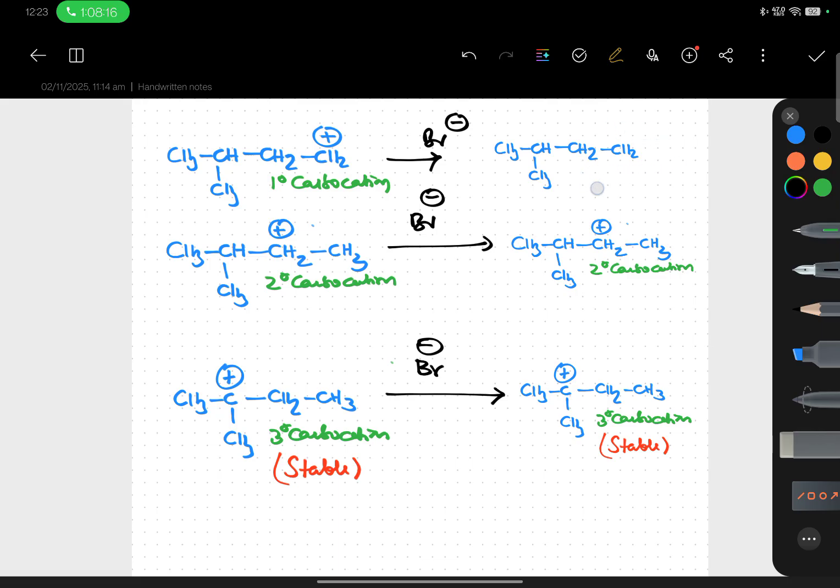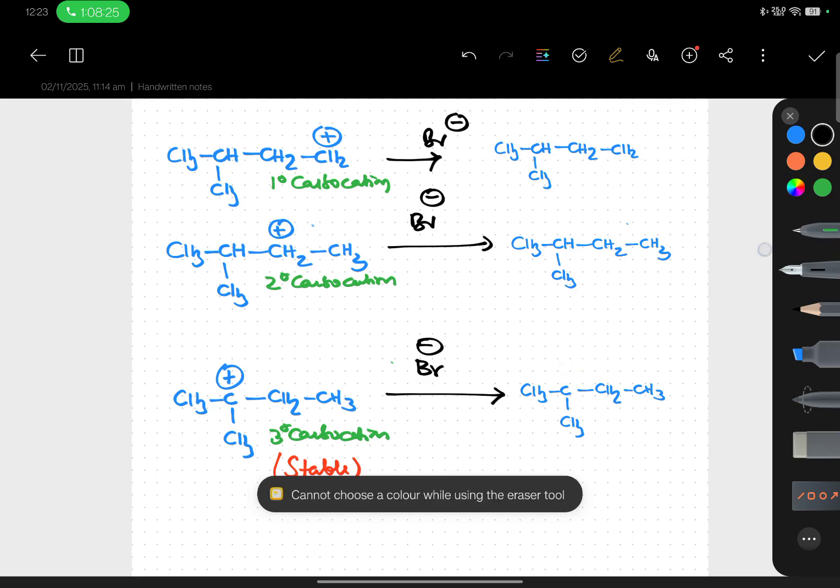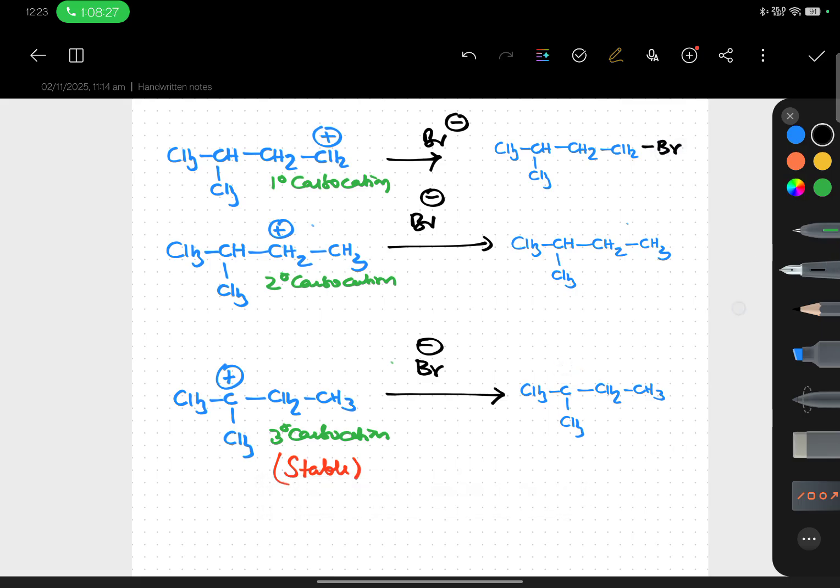Now look at this. Wherever the positive charge is, in that place the bromide will come and attack. So here it is 1 bromo, here it is 2 bromo, here it is 3 bromo.